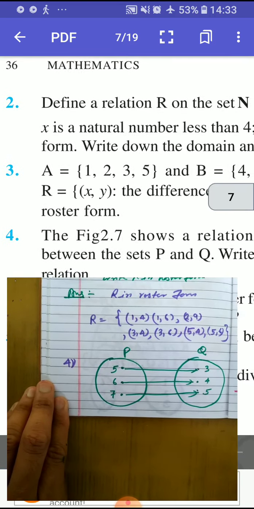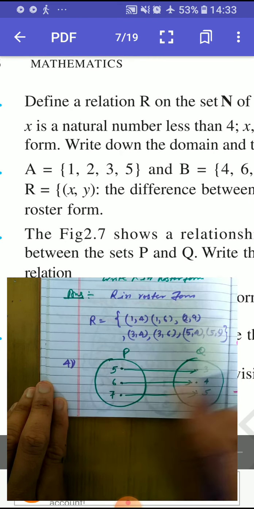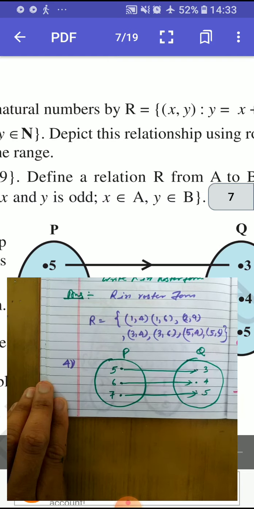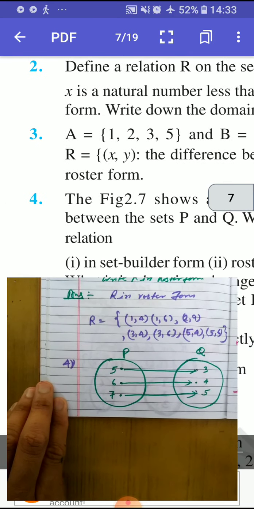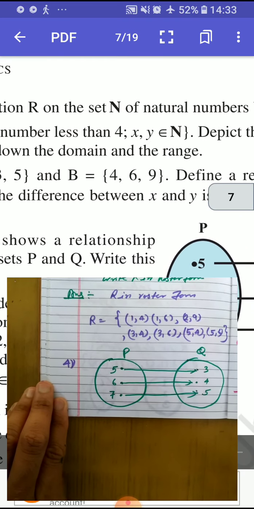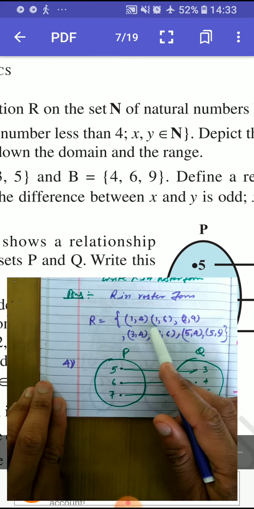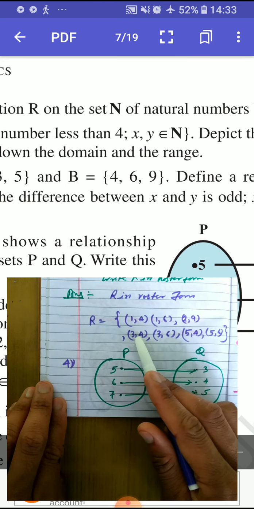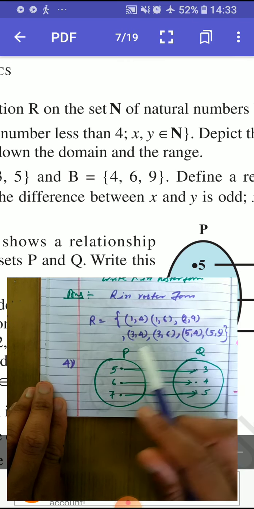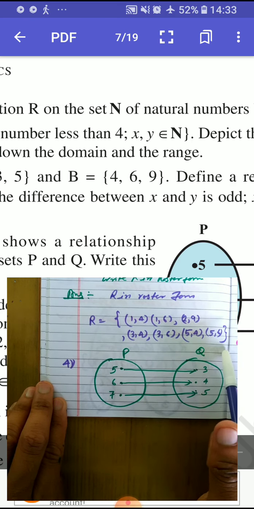if you take x equal to 1, you will get y equal to 4, right? Because in this question the difference between x and y is odd, and the difference of 1 and 4 is odd. (1, 6) belongs to R, because 1 minus 6 is odd, or 6 minus 1 is odd. (2, 9) also belongs to the relation. (3, 4) also, (3, 6), (5, 4) and (5, 6).